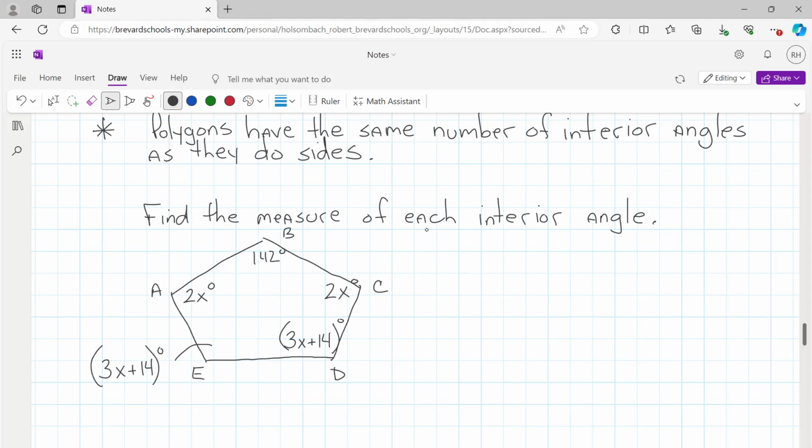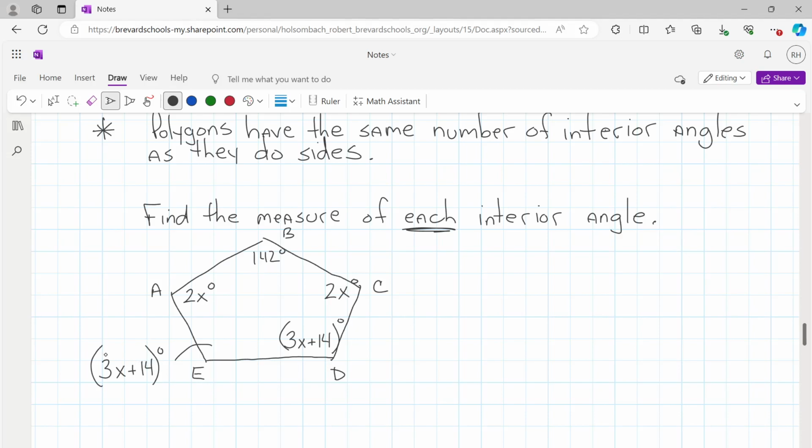So if we have to find each interior angle, the first thing that we have to do is solve for x, okay? And in order to solve for x, we have to write an equation. So we're going to take all these interior angles, and we're going to combine like terms.